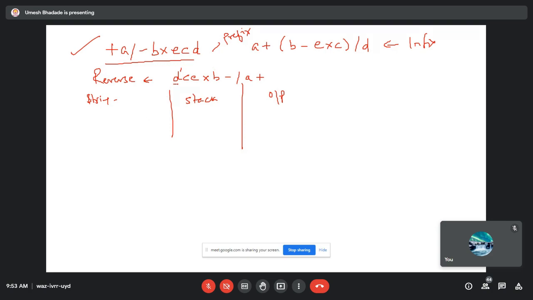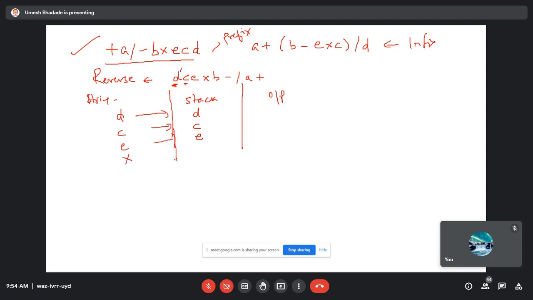If the incoming symbol is an operand, push it onto the stack. D is an operand, so push it onto the stack. Next is C, again an operand, push it. Next is E, again an operand, push it.